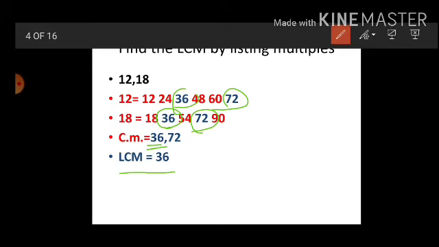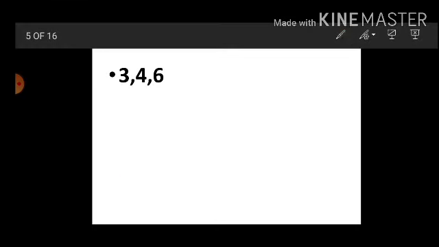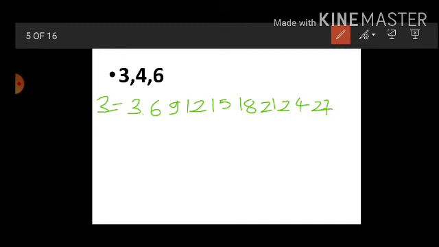Got it students? Now next example, 3, 4 and 6. First we write the multiples of 3. 3 ones are 3, 3 twos are 6, 3 threes are 9, 3 fours are 12, 3 fives are 15, 3 sixes are 18, 3 sevens are 21, 3 eights are 24, 3 nines are 27 and 3 tens are 30.